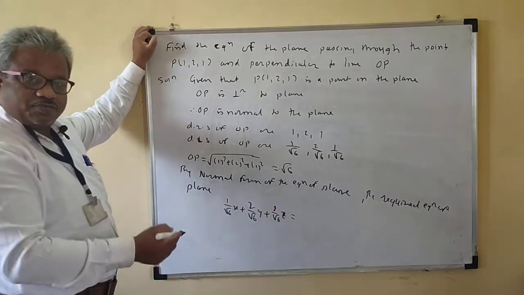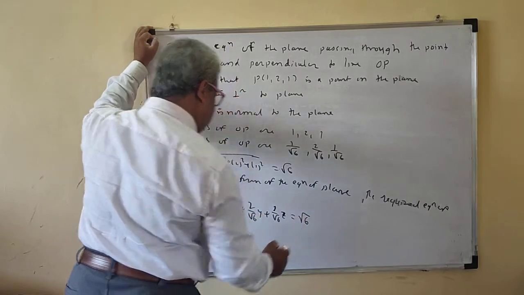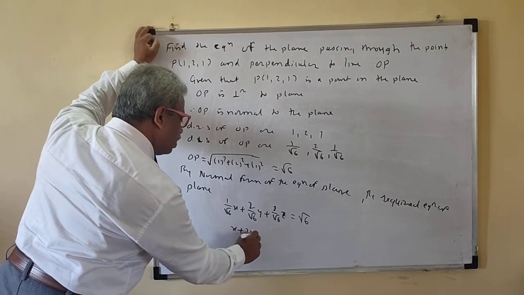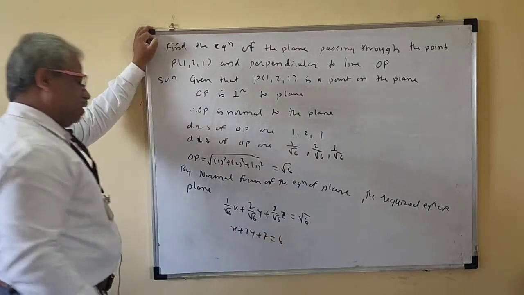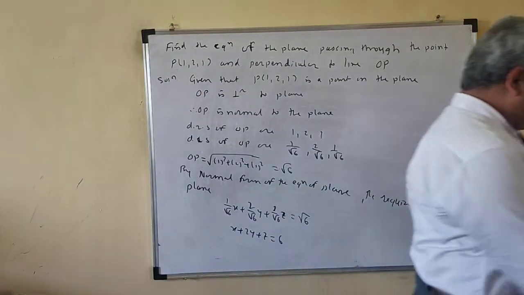This is lx plus my plus nz is equal to p. P, you have to take the positive root. This is root 6. You can simplify this now. You may write this as x plus 2y plus z is equal to 6. This is the required equation of plane.